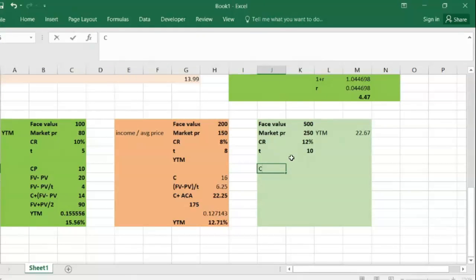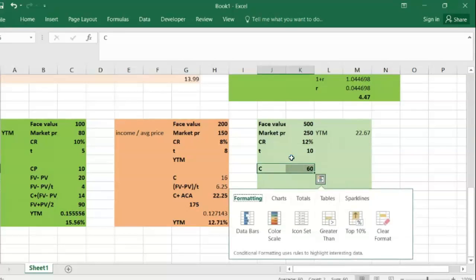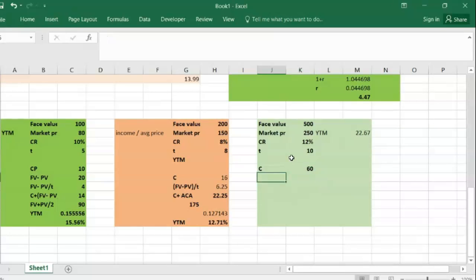First, you need to calculate the coupon payment. The face value is 500 rupees and the coupon rate is 0.12. 60 rupees is the coupon payment. And we need to calculate face value minus the market price.